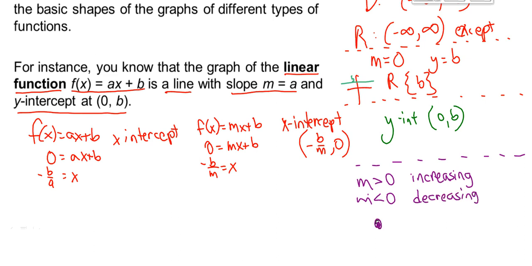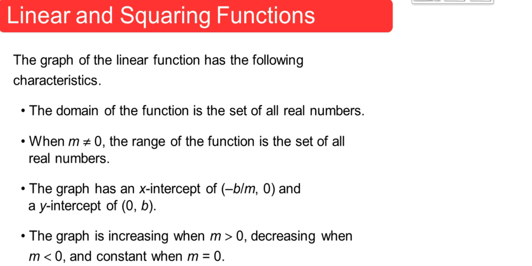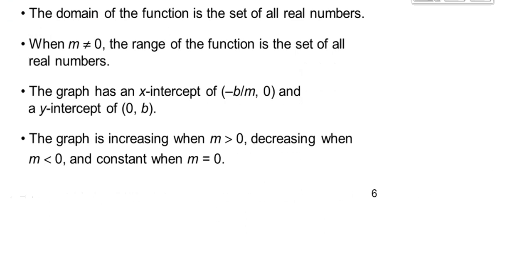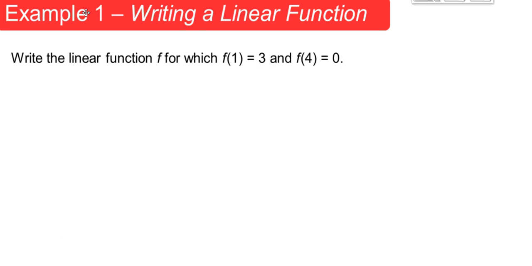And if m equals 0, we've already said that, but it will be constant. Just some other facts about a linear equation. The next slide goes through those characteristics. I'll leave it on here, but we've written everything that we need to for this. And then let's look at number 1.